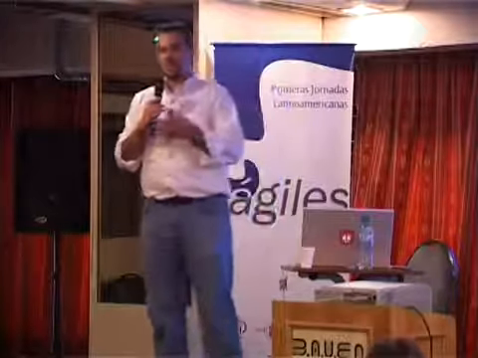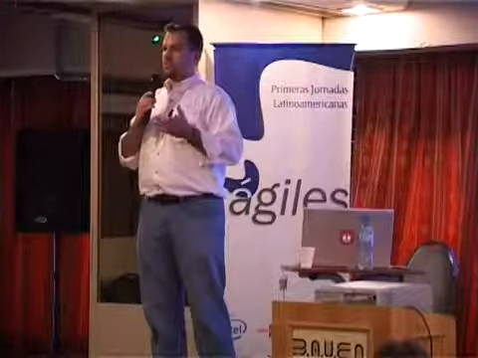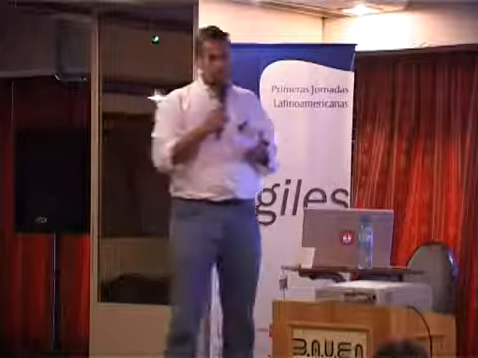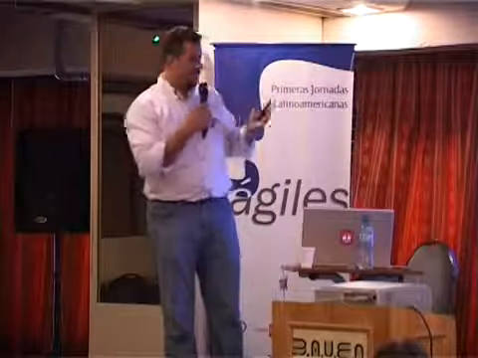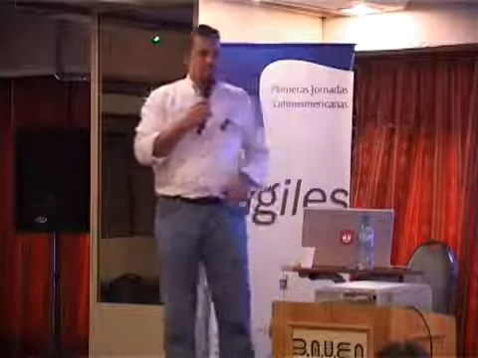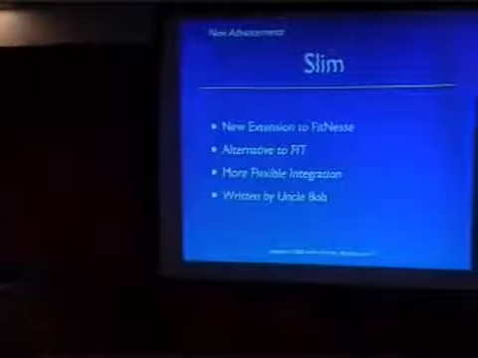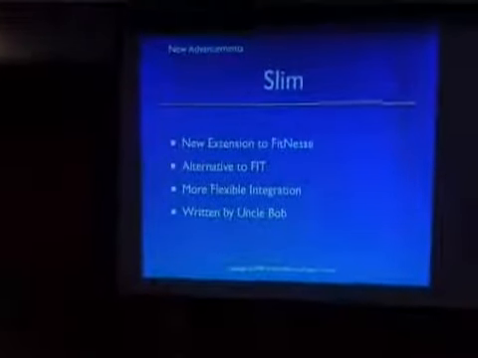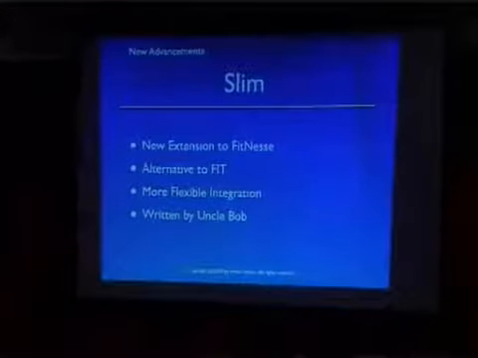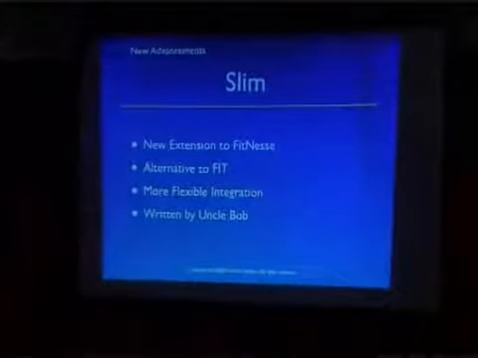If you start implementing acceptance testing, when you investigate Fitness, you should also look at something called SLIM. SLIM is being built as an extension to Fitness, although at some point it's probably going to be extracted out. It's an alternative to Fit. You can still use Fitness, but it's an alternative to Fit. And what it does is it gives you much more flexibility in the way you write tests.